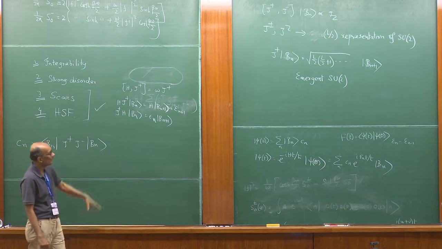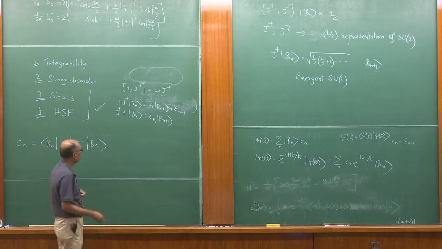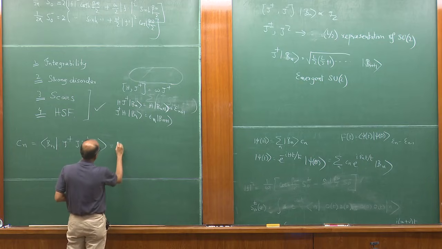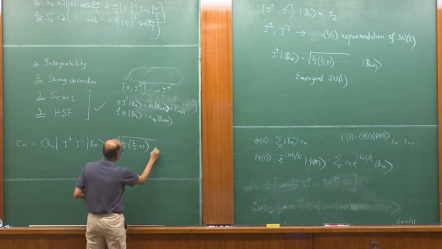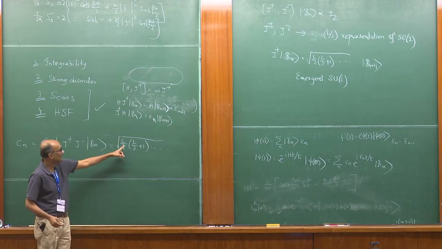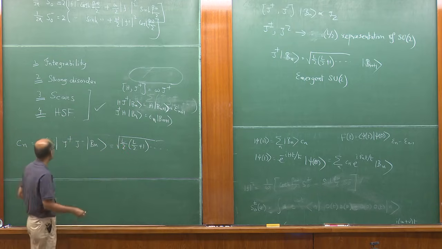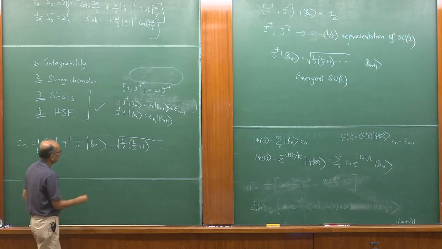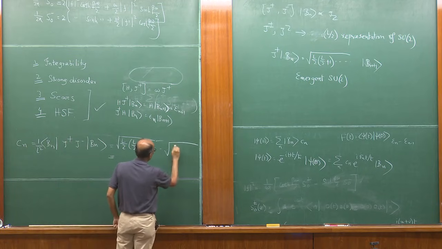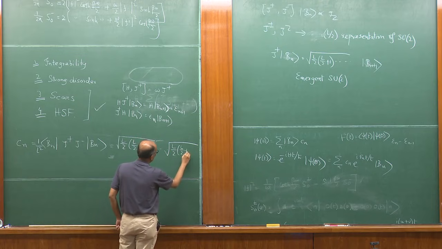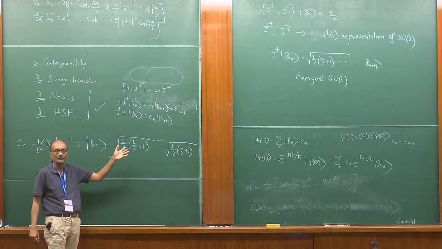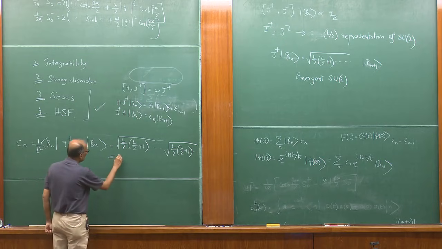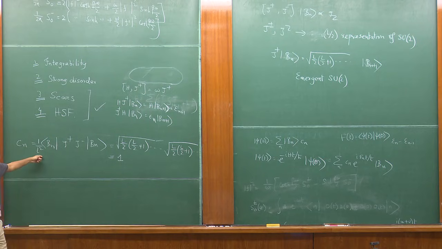So what is going to come out are factors of square root of whatever, but the leading behavior is always L square. So if I define this correlator with a factor of 1 over L square, and there are other factors that come in the angular momentum algebra, but because it's a spin L by 2 algebra, there will always be this factor which is the leading thing. And therefore, this thing is going to go to 1.